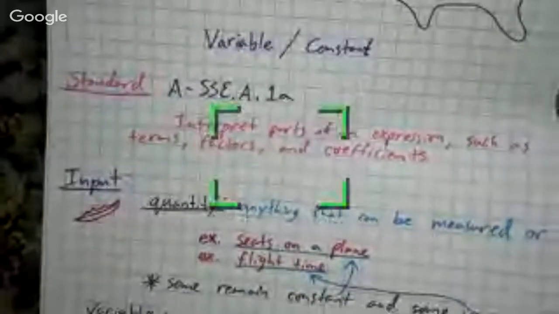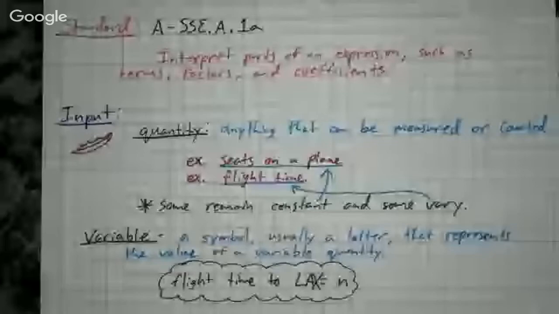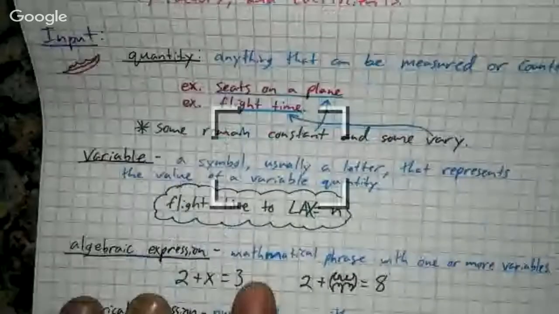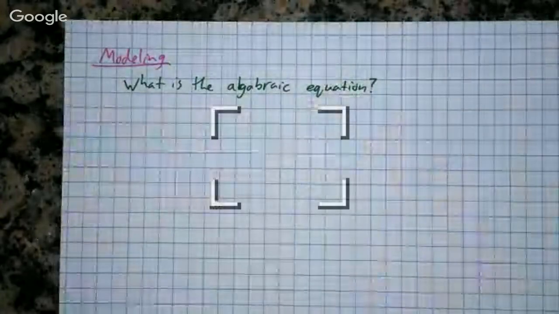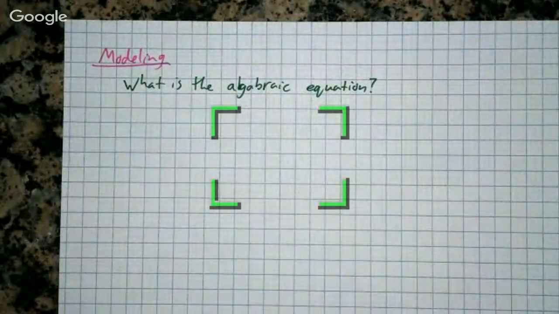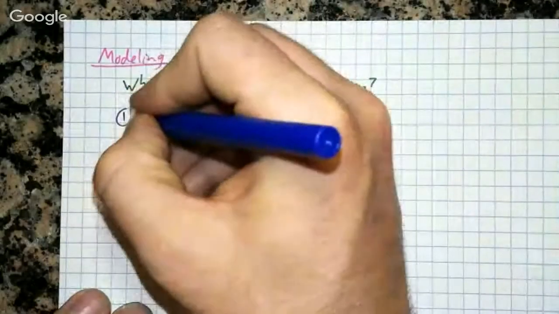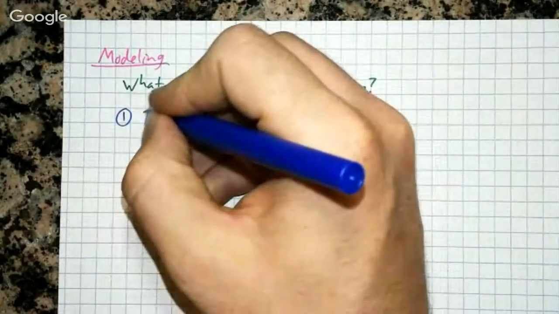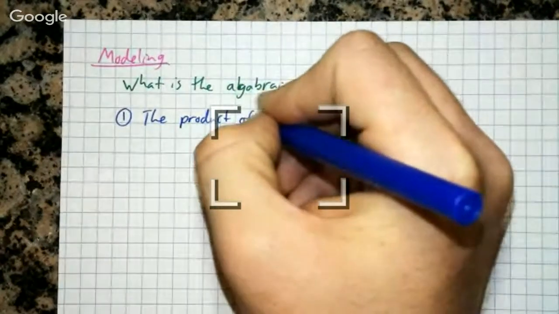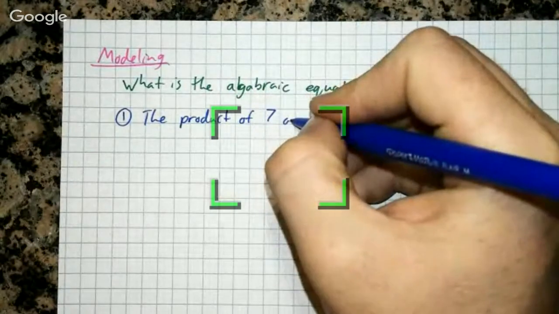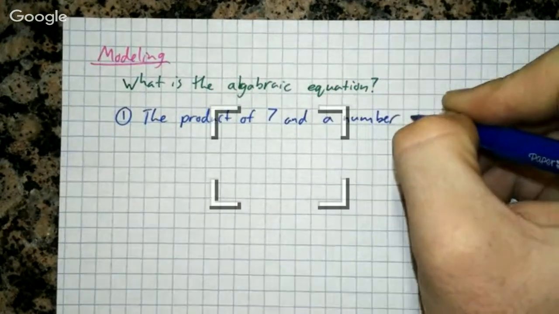A mathematical phrase with one or more variables. So, what is the algebraic equation of the ones I'm going to put down? Number 1, the product of 7 and a number n.